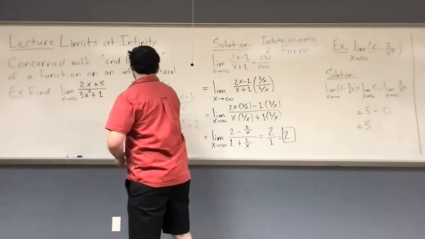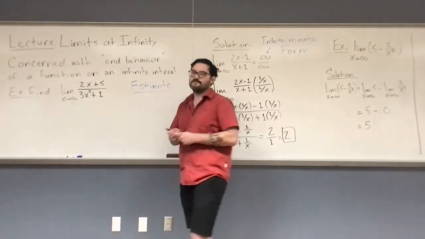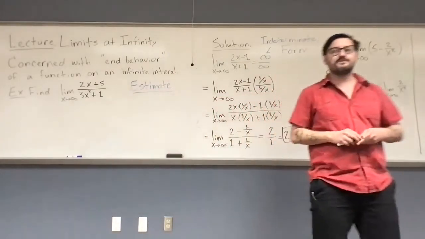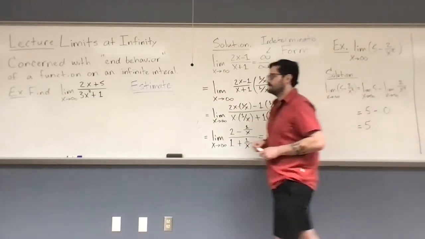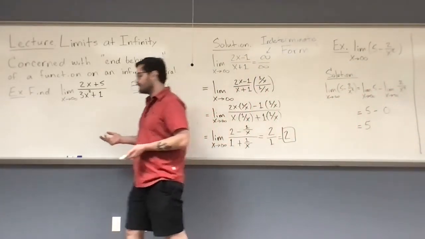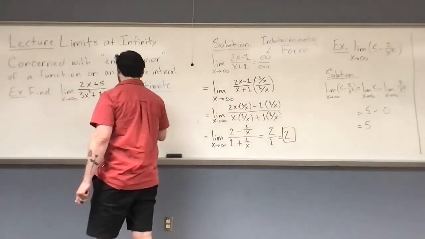Okay, so you don't have to do the estimates. I'm just highly suggesting that you do them, for your own sanity when going through the problems. So let's do it.